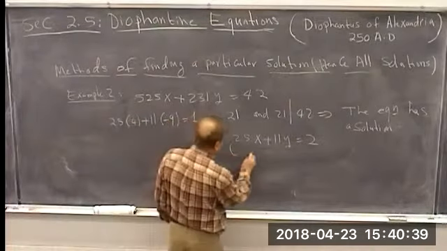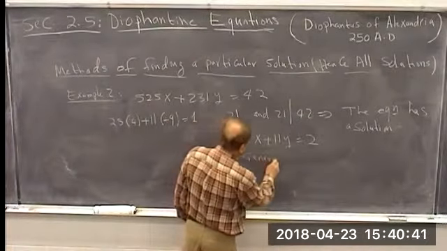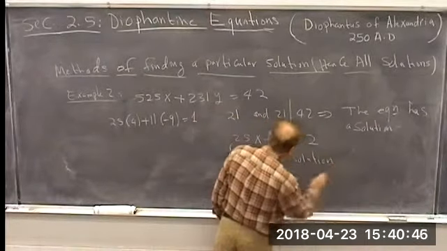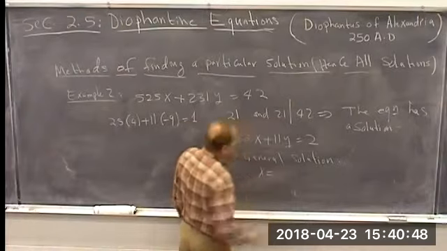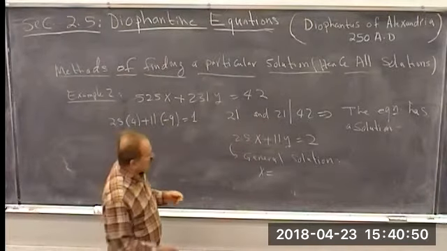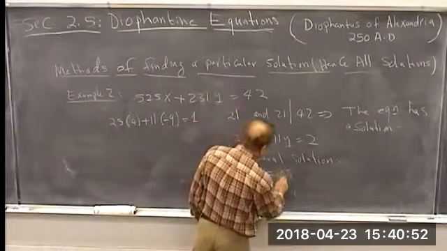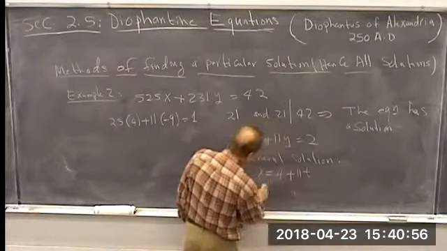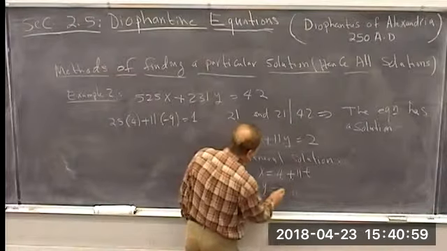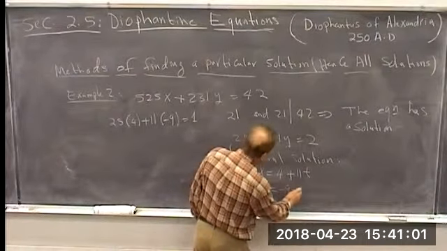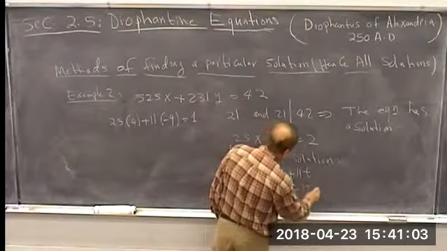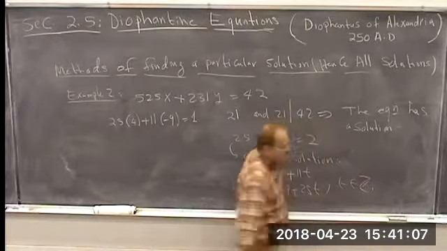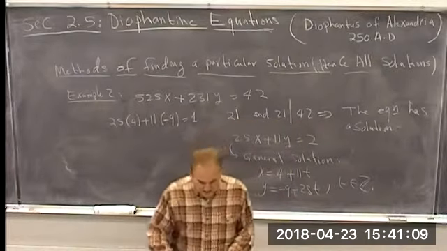So here the general solution is going to be x equals x sub 0, which was 4, plus 11t, and y is equal to negative 9 minus 25t, the coefficient of x, where t belongs to the integers.